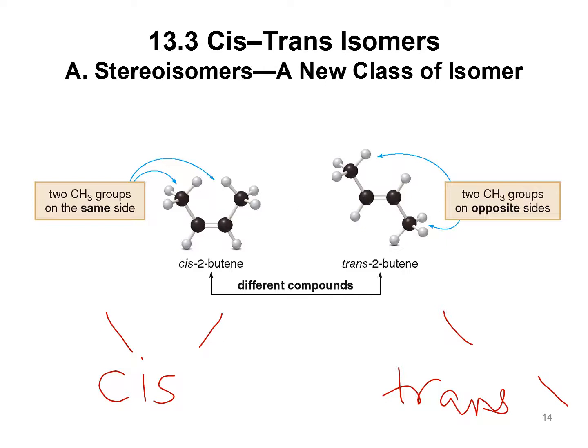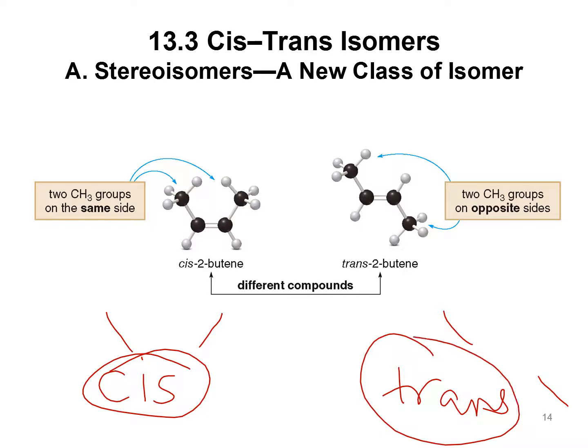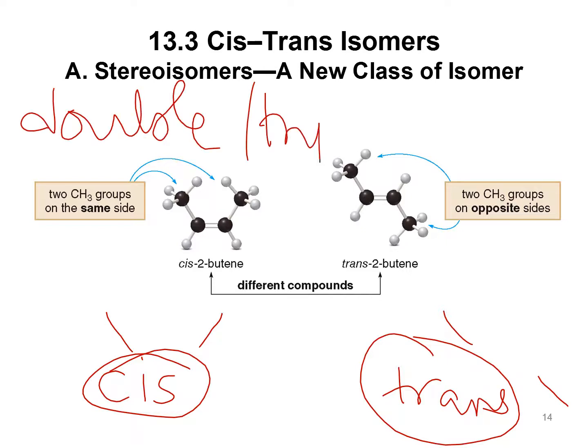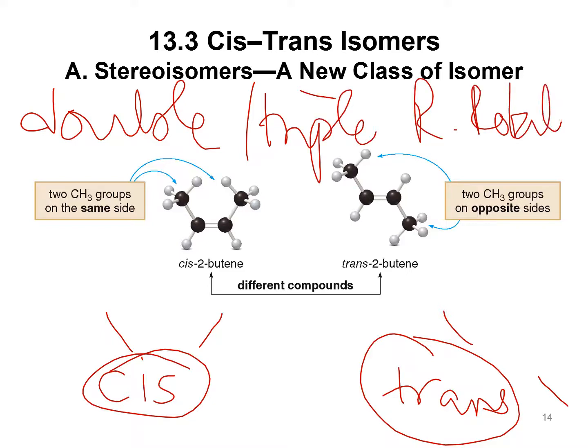Please watch a separate video for cis and trans isomers. But this is a special type of isomerism in alkenes and alkynes that comes out of the fact that the rotation around the double and triple bond is restricted.